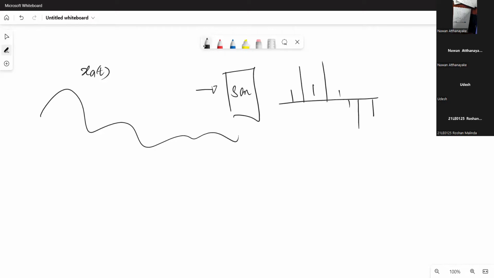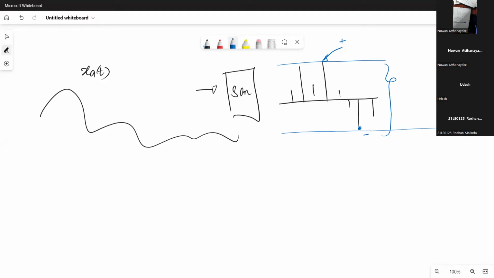Once you get this set of samples, you can decide what the peak values are. Let's assume this gives the positive peak, and this gives the negative peak. Then by looking at the entire span, we can think of a quantization level.